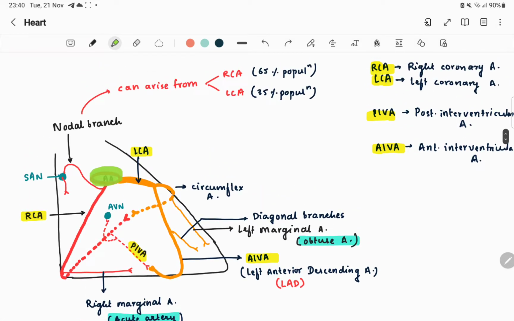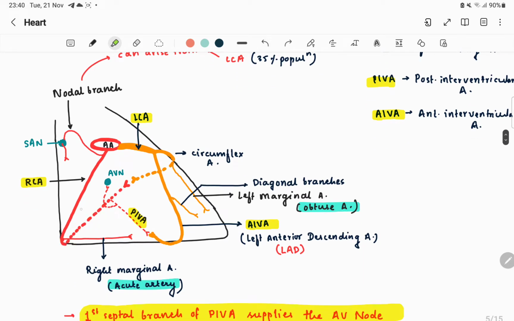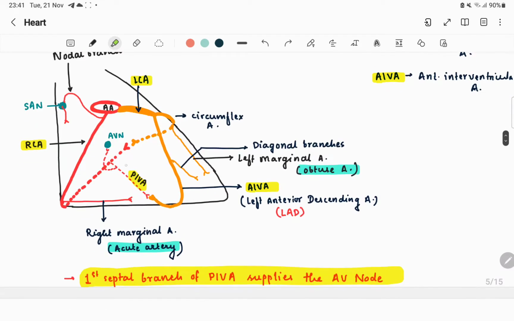Talking about the other artery, that is your RCA, the right coronary artery. This right coronary artery goes to the backside and fuses with the circumflex artery of the left coronary artery. Understood? And this right coronary artery also has a branch given on the posterior side, called the PIVA.